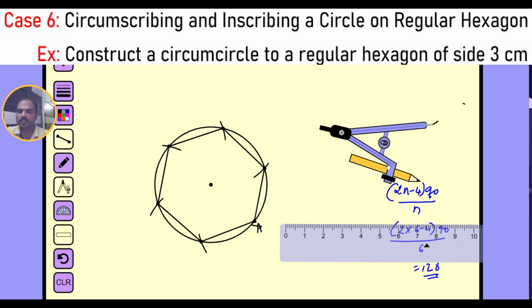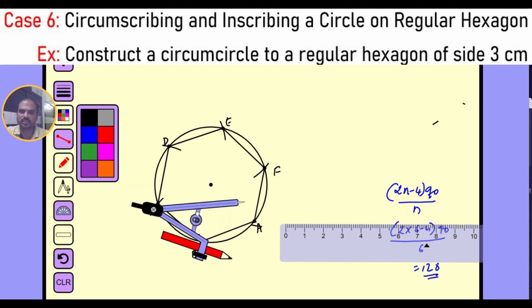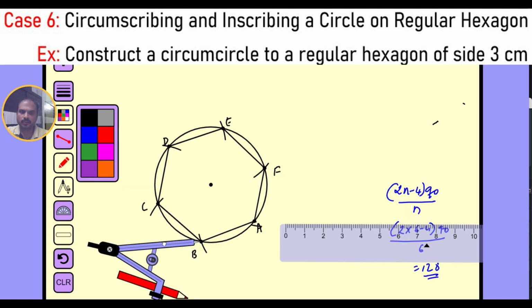After getting this, I'm going to call the vertices B, C, D, E and F. At every vertex you have to show this construction, children. With the help of your compass, you have to show that you are constructing 120 degree.